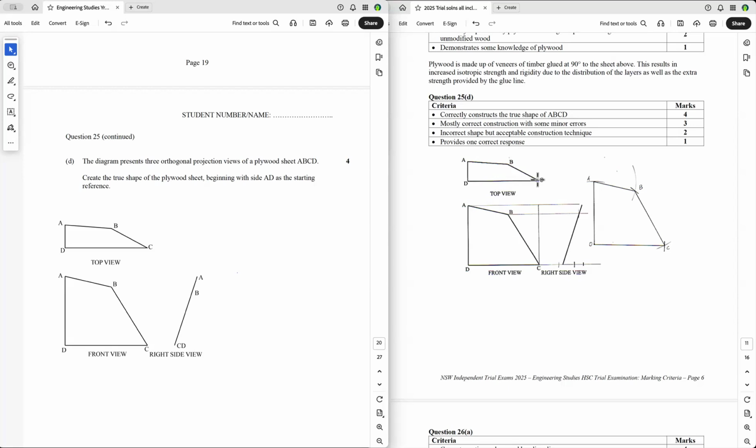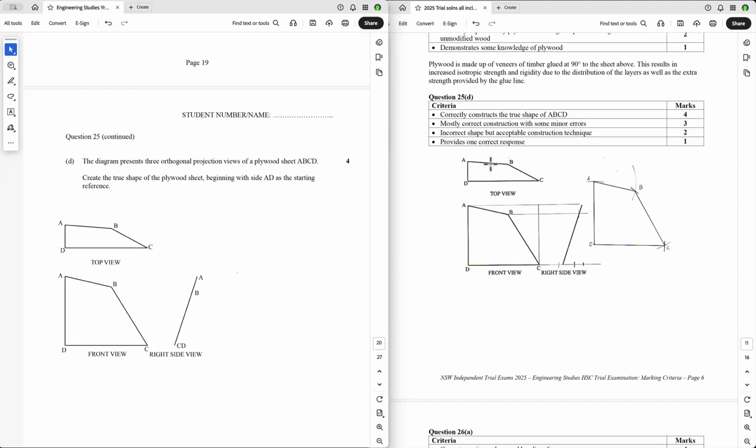Now the idea to get a true length is that if you know how high one point is above the other, that's a true length. You can use that as a true length, and then you use your base length when you put your compass on here.